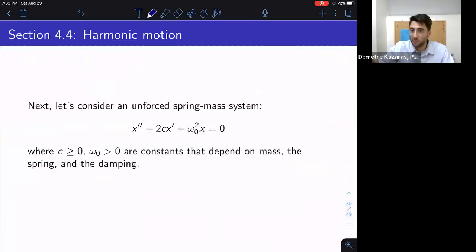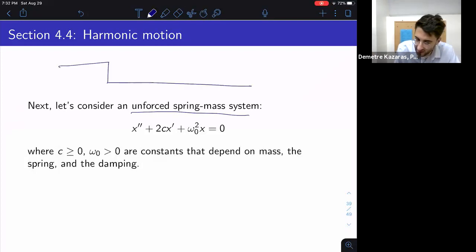So let's go to an application. Section 4.4, harmonic motion. In this section, we'll try to completely understand the following setting: unforced spring mass movement. Again, the typical thing to think about is a spring with a mass attached to it, sliding back and forth on a greased up table.